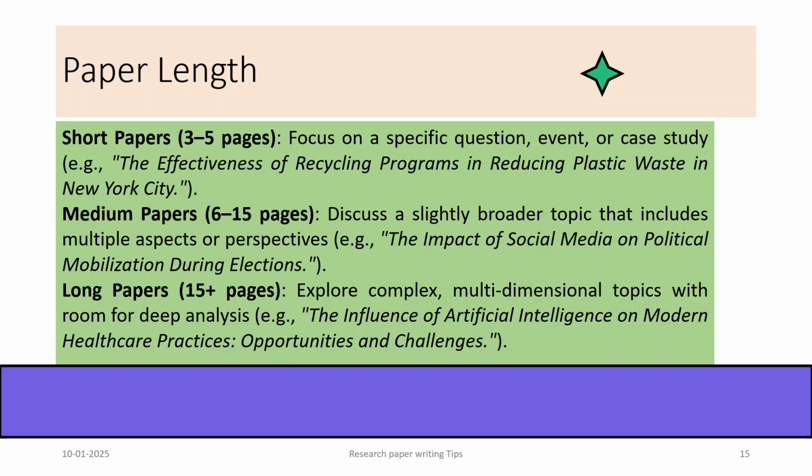It explores complex, multidimensional topics with room for deep analysis, for example, the influence of artificial intelligence on modern healthcare practices: the opportunities and challenges. You can see it is not confined to a city, a community, or a region. So it has greater opportunity and greater dimensions covered, right?